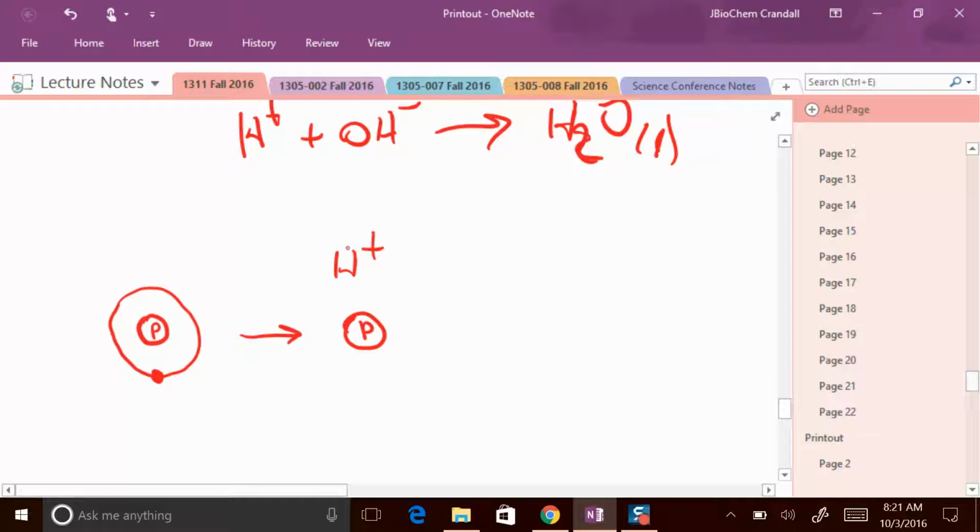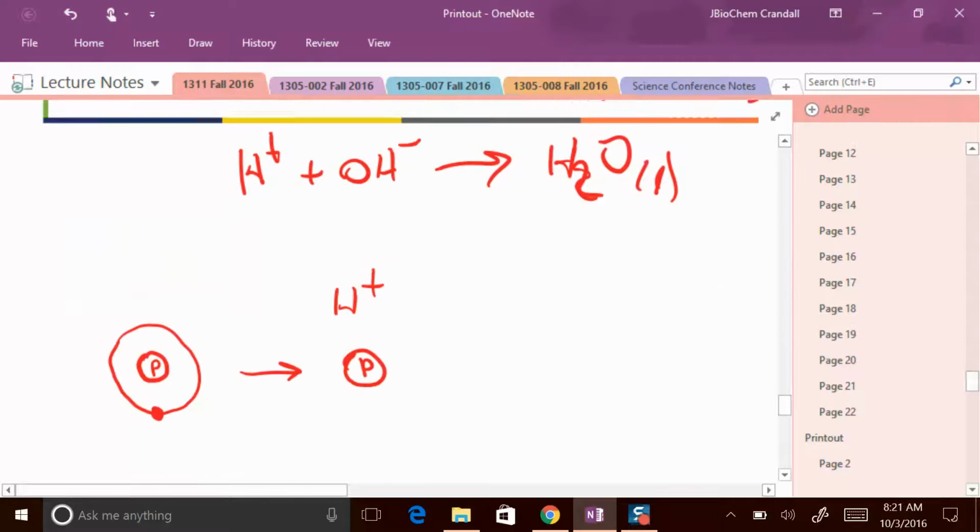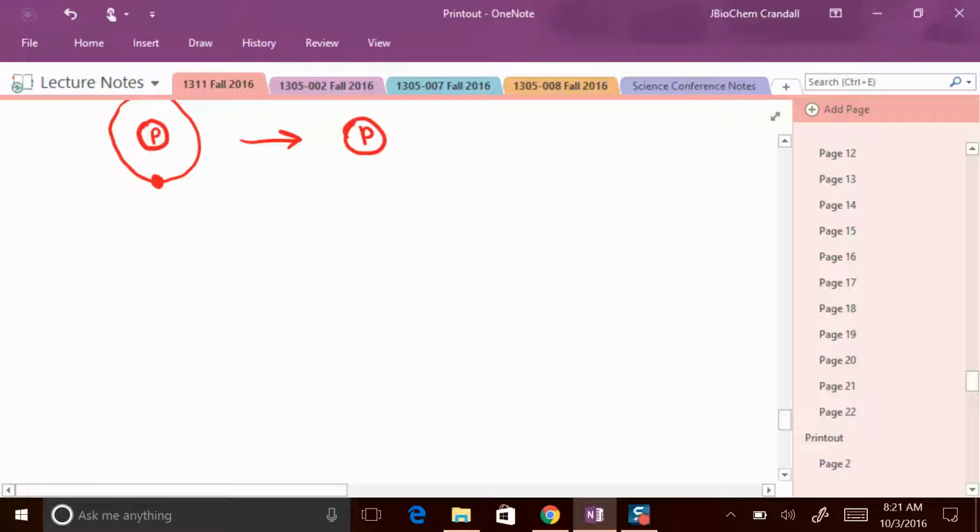So if you have an acid solution, then you're measuring the proton content in that solution. How much free proton is there? How much positively charged proton is in that solution? So acid-base is the transfer of this proton from one thing to another thing. Whereas oxidation reduction is the transfer of electrons.